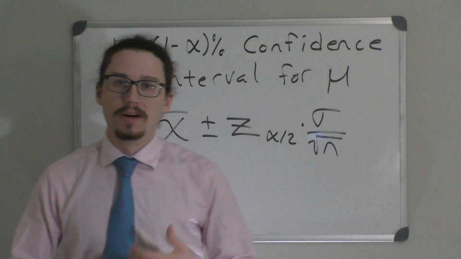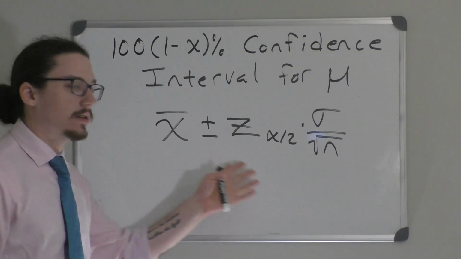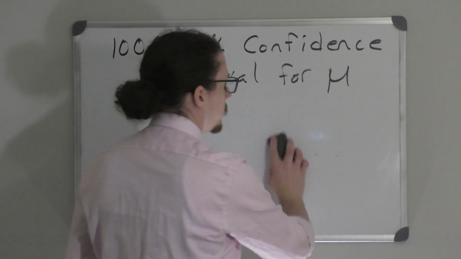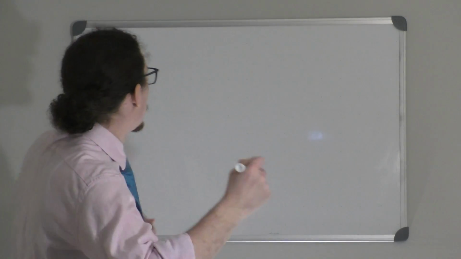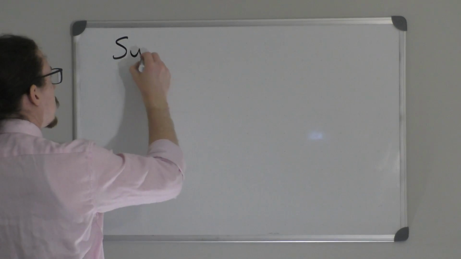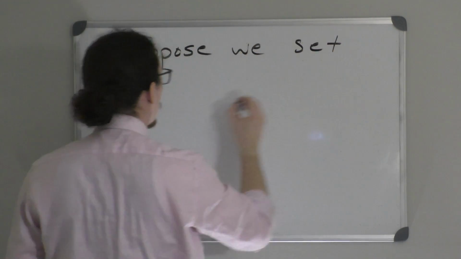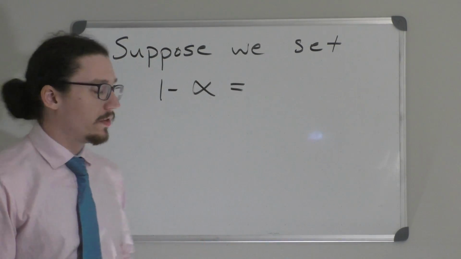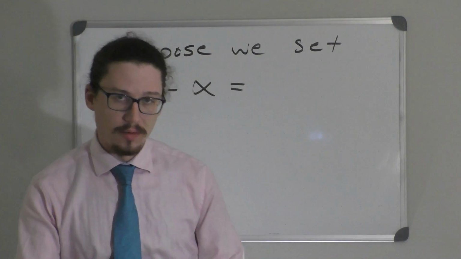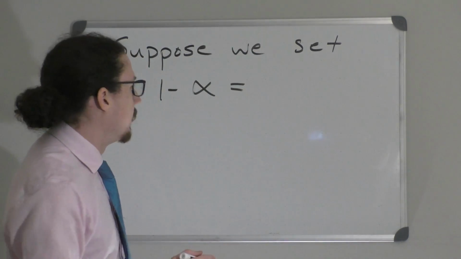So to clarify that a little bit, let's actually talk about alpha and talk about specifying alpha, because we're going to have to do that to be able to work these problems. All right, so suppose we set 1 minus alpha to, let's say, 95%. 1 minus alpha gives us the probability that our population mean is in our interval.